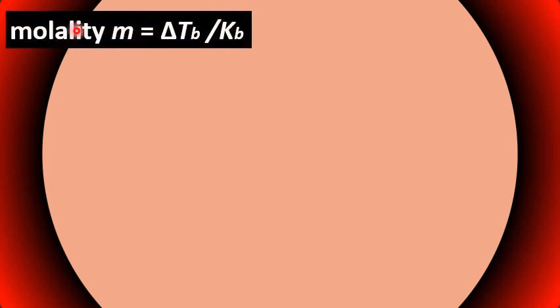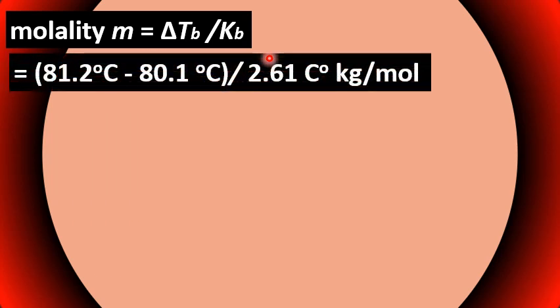So we first compute the molality of the solution, small letter m, using the formula, molality equals delta T sub B divided by K sub B. Substituting, we have molality equals 81.2 degrees Celsius minus 80.1 degrees Celsius.